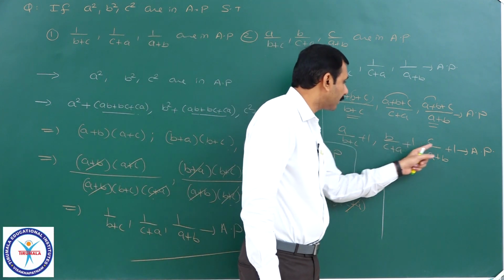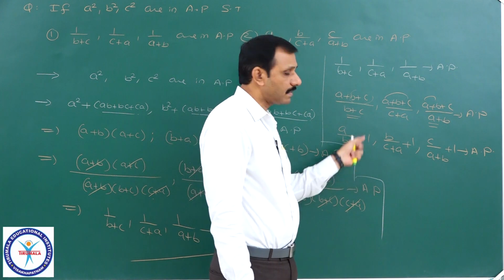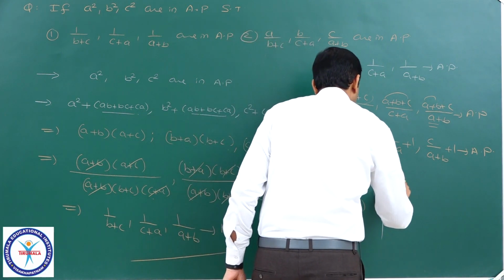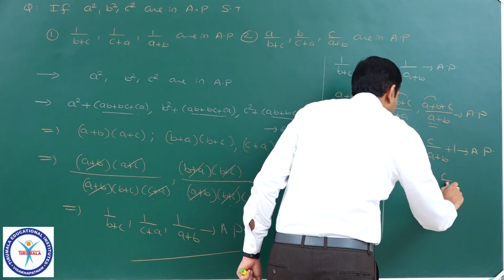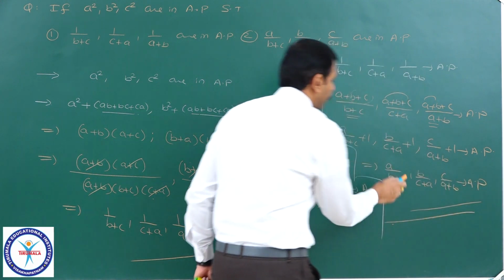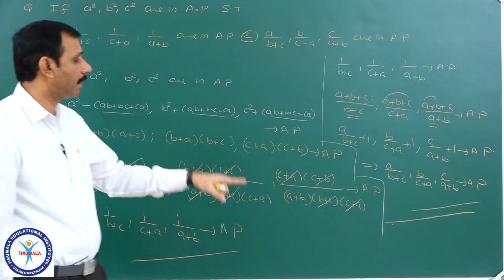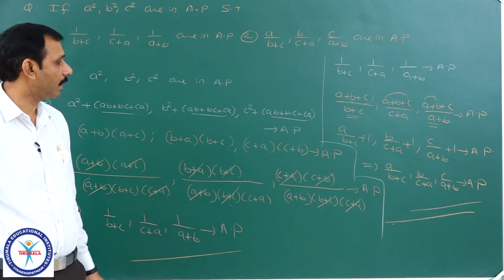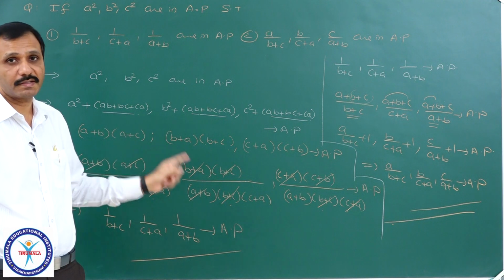Now, this 1 is a common term for all these three. If I subtract 1, still the resulting terms form an AP only. That implies A by B plus C, comma B by C plus A, comma C by A plus B are also in AP only. That is the result. A by B plus C, B by C plus A, C by A plus B are in AP. Hence the proof. These model problems are also very important for competitive exams.